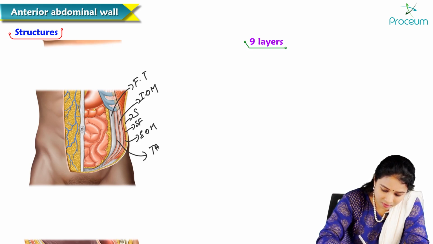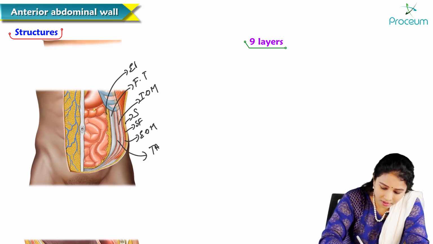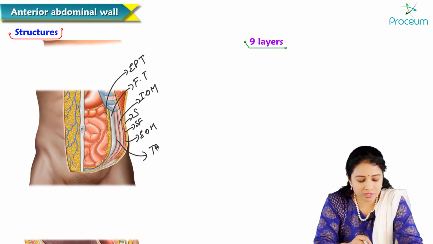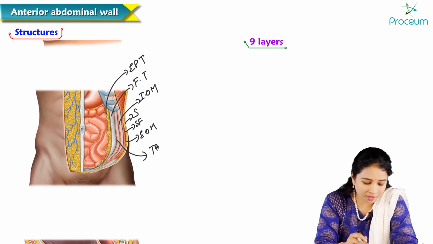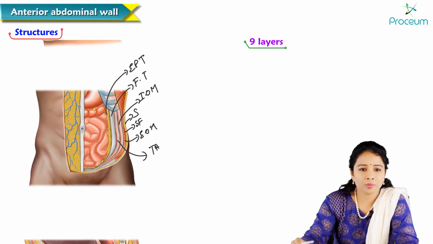Deep to fascia transversalis is the extraperitoneal connective tissue or extraperitoneal tissue, and deep to extraperitoneal tissue is the parietal peritoneum and visceral peritoneum covering different organs in the abdomen.